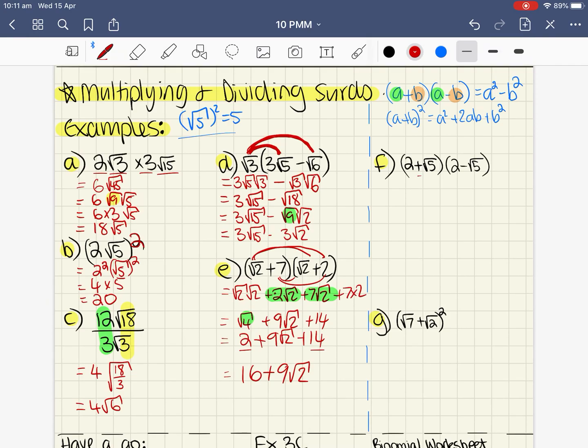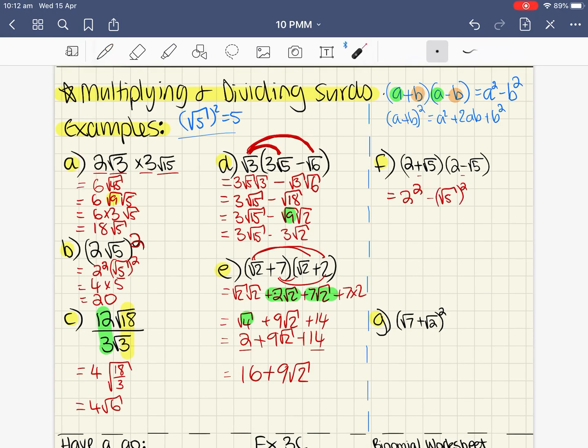So with F, we have a difference of 2 squareds. We can see we have 2 as the first term in both of these brackets and root 5 as the second term, and the difference is one is a plus and one is a minus. That means my answer is just going to be 2 squared minus root 5 squared.